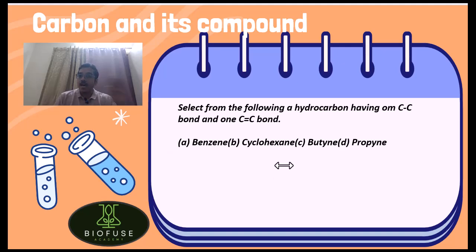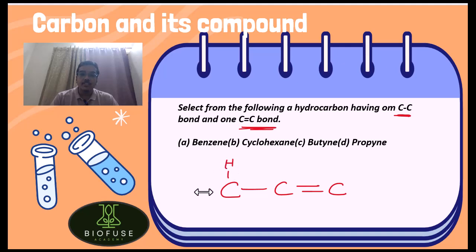Okay guys, we are going for the last question of the day. Select from the following a hydrocarbon having one C-C bond and one C=C double bond. So நமக்கு ஒரு hydrocarbon கேக்குறாங்க which has one single bond and one double bond. So we'll put hydrogen here.